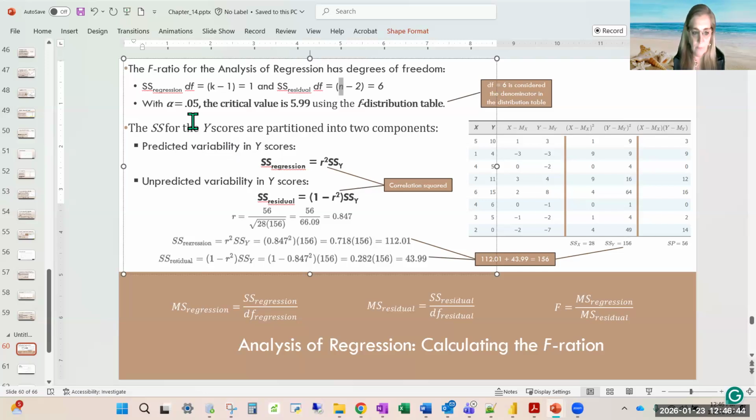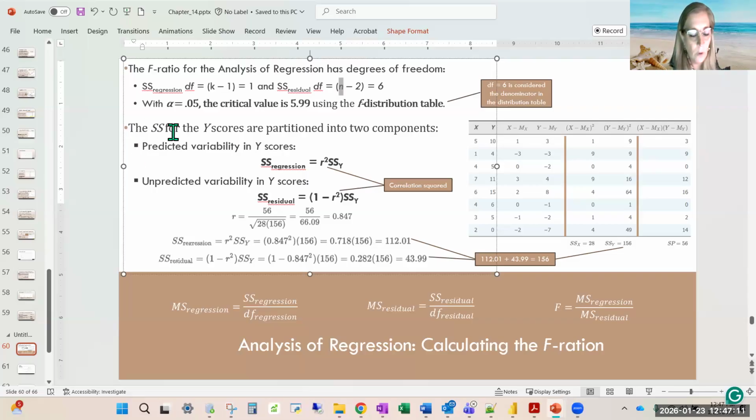Our alpha level we've determined at 0.05, and we look up in the F distribution table for the critical value using these degrees of freedom and find that the critical value is 5.99. By the way, the SS residual is considered the denominator in the distribution table.